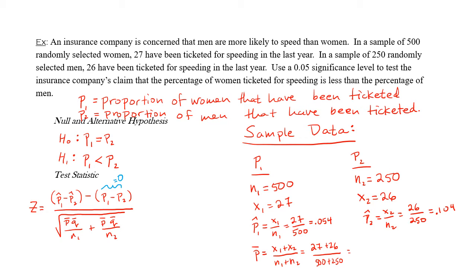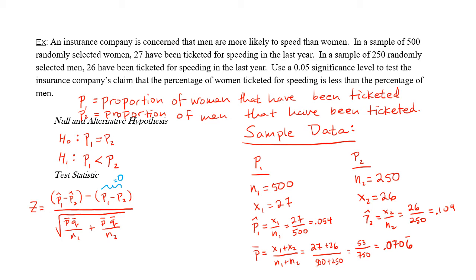That gives me 53 over 750, which would be 0.0706, repeating.